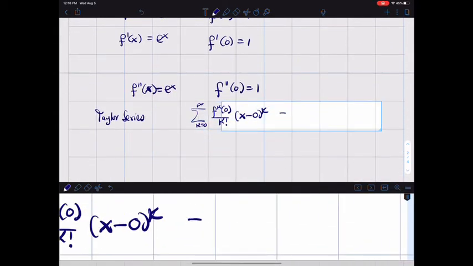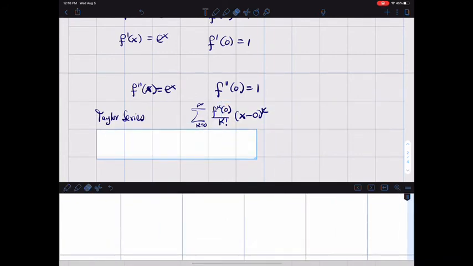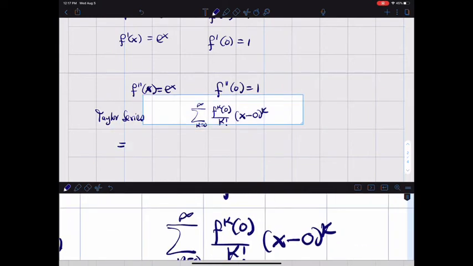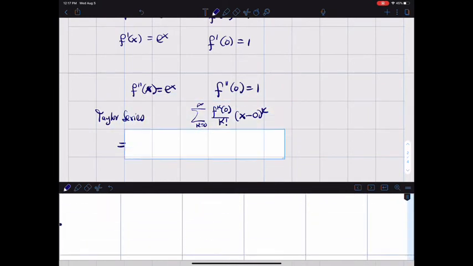So this is the same thing as just, let's look at all the terms. So this is when k is 0. So we just have f to the power of 0, or the 0th derivative, is just the function itself.